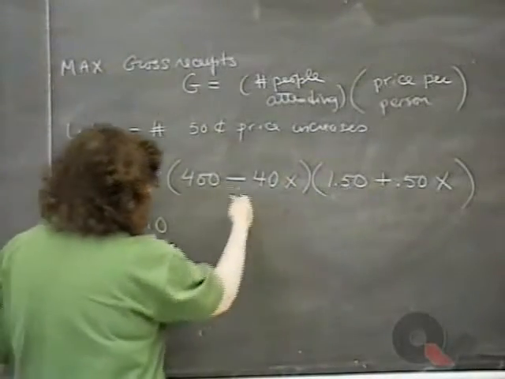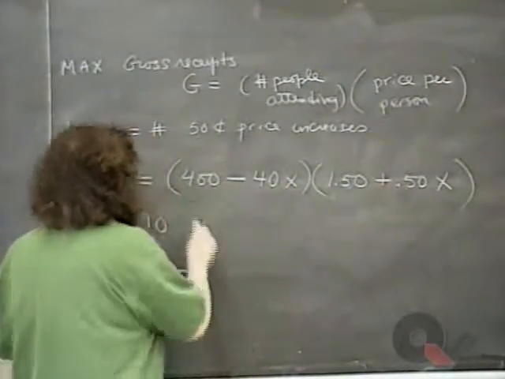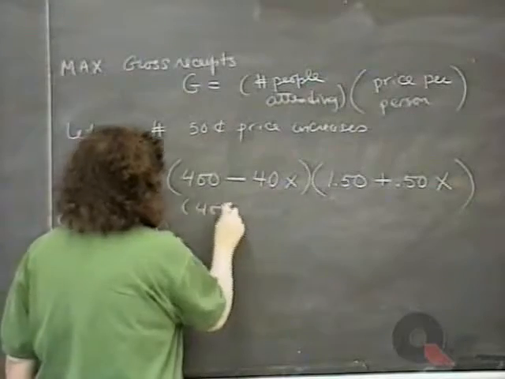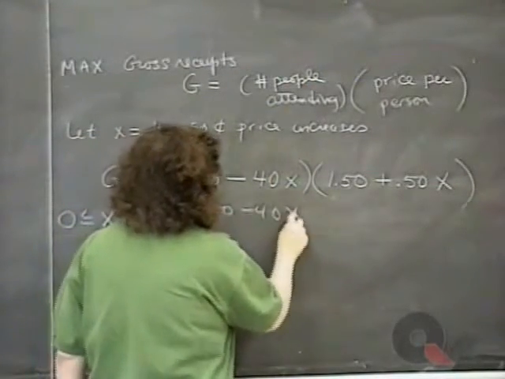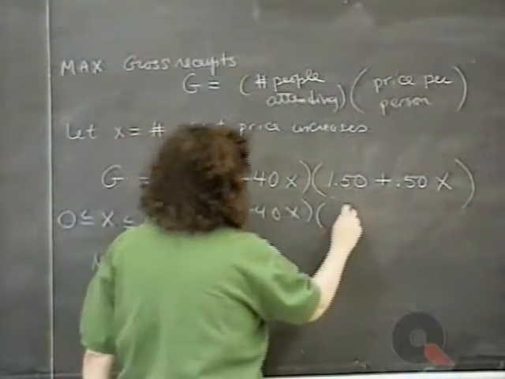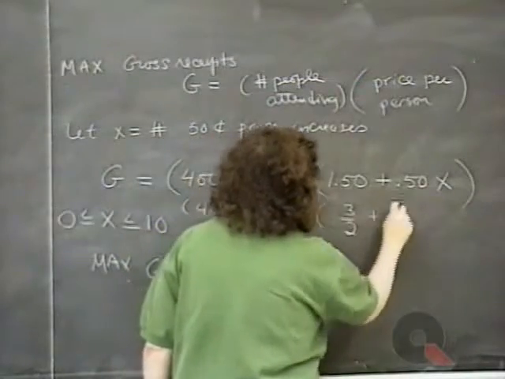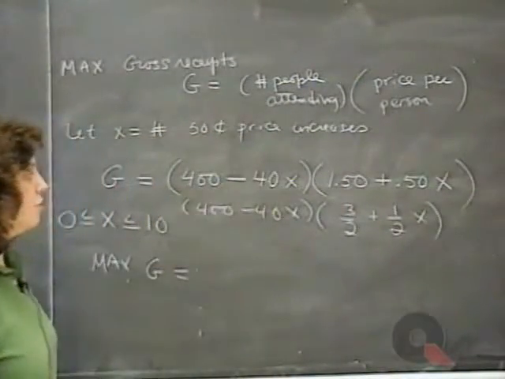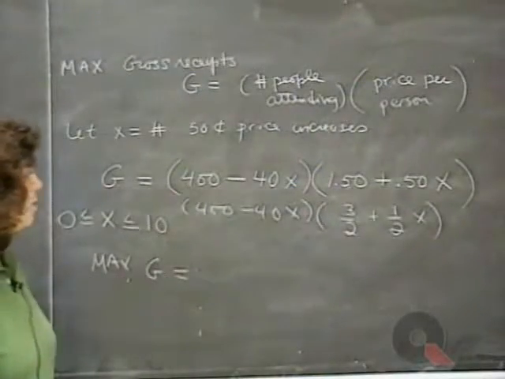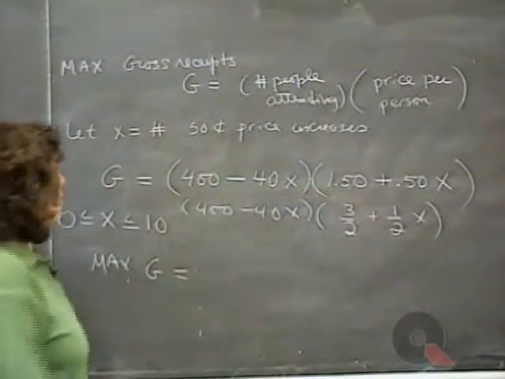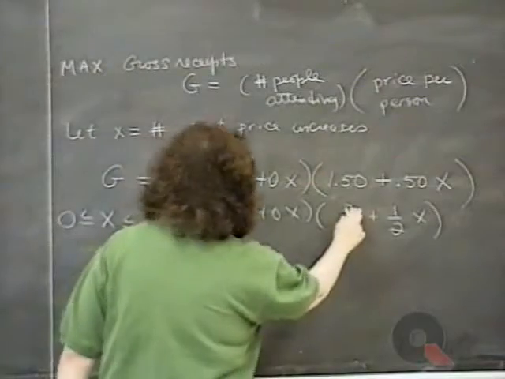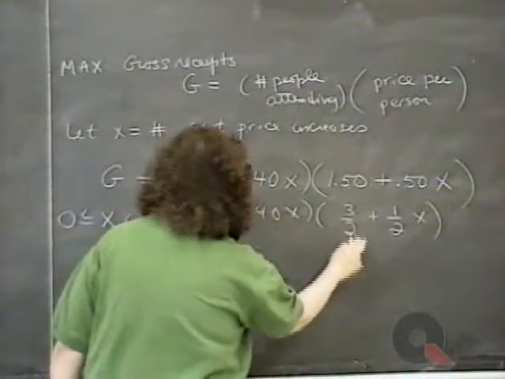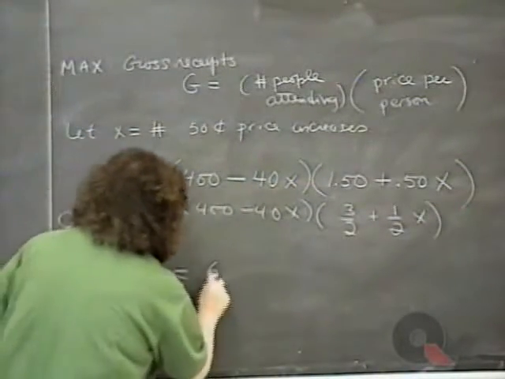Perhaps you can do it with the decimals, or if you wanted to change it to fractions, 1.5, so that would be 3/2 plus 1/2 x. You could do either the decimals or the fractions. Either way, multiplying by FOIL, 400 times $1.50, or 400 times 3/2, would be 600.